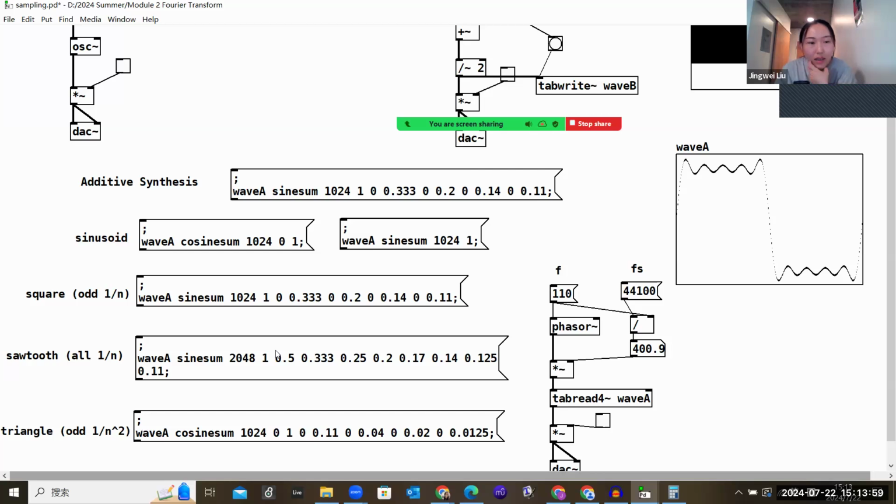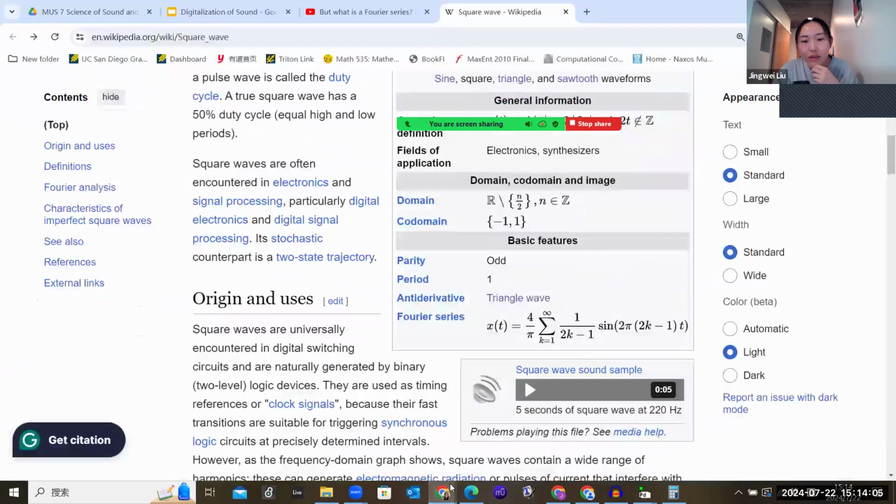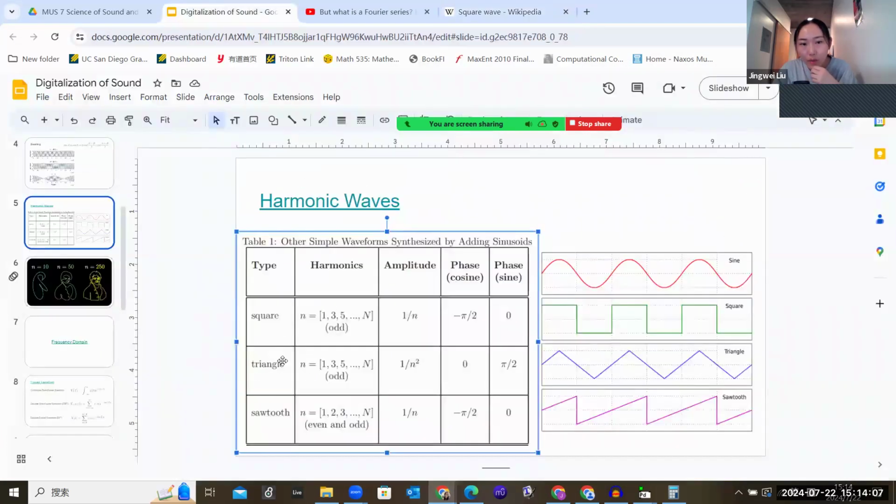So for sawtooth and triangle, it's the same concept. We have the formula here for the triangle wave. You're still only adding up the odd harmonics. The only difference between the square and triangle is that the amplitude is different. The amplitude for the triangle wave decreases at n to the power of 2, so it decreases much faster, and the wave we use is cosine.